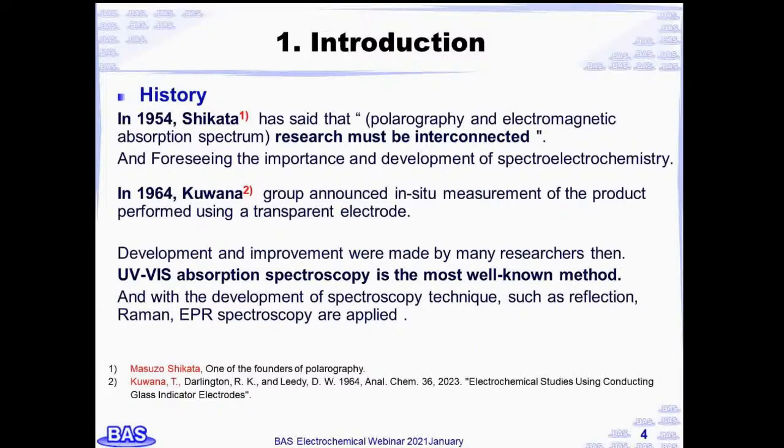In situ measurement of the electrode reaction product using a transparent electrode was carried out. Development and improvement were made by many researchers then. Nowadays, ultraviolet visible absorption spectroscopy is the most well-known method. And with the development of spectroscopy techniques, reflection, Raman, and EPR spectroscopy are applied.